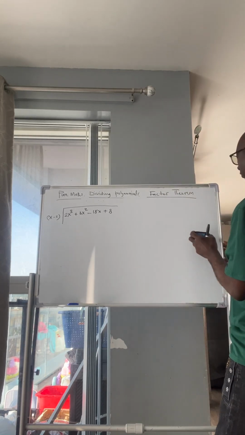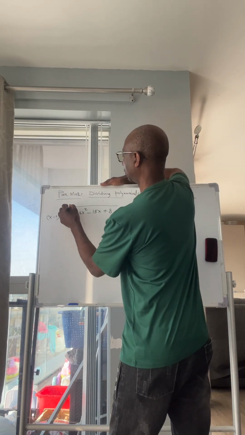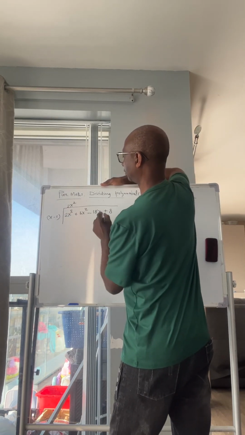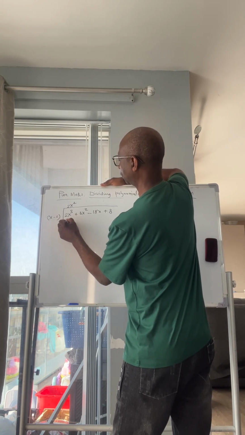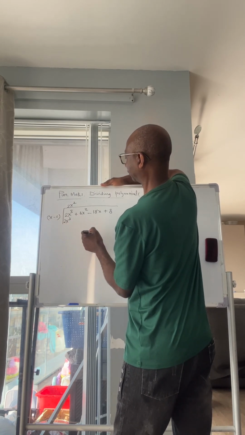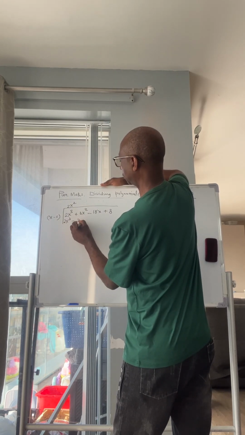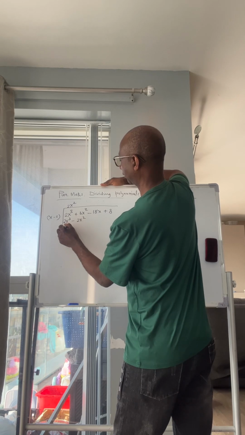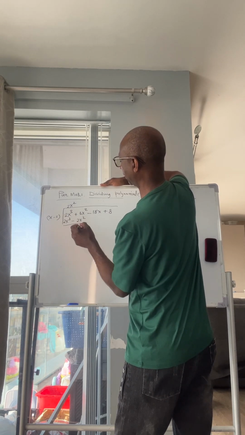Now let's factorize completely. Here you get 2x squared. 2x squared times x, you get 2x cubed. 2x squared times minus 2, you get minus 2x squared. Subtract this minus this, nothing here.